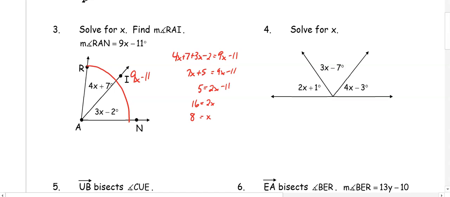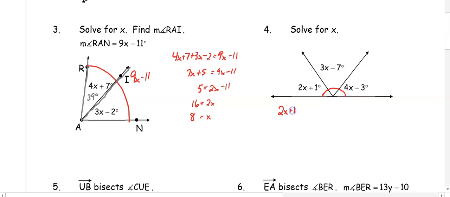Then we want to find the measure of angle RAI, which we know is 4x plus 7. So we're going to substitute our 8 in. 4 times 8 plus 7 gets us 39 degrees. In number 4, there are 3 angles here, and these 3 angles together are forming a straight angle, which is 180 degrees.